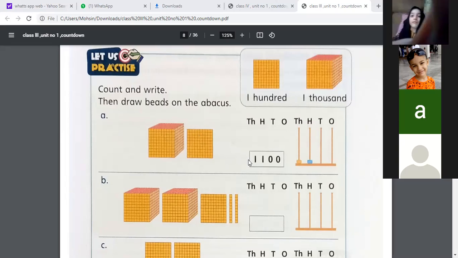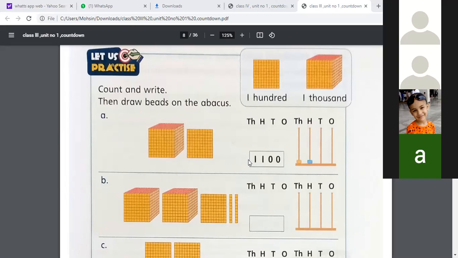So I'm going to write it 1100. Now I have to draw this value on the abacus, draw beads on the abacus. So how am I going to draw beads on this abacus? Now I'm going to see how many ones I have.